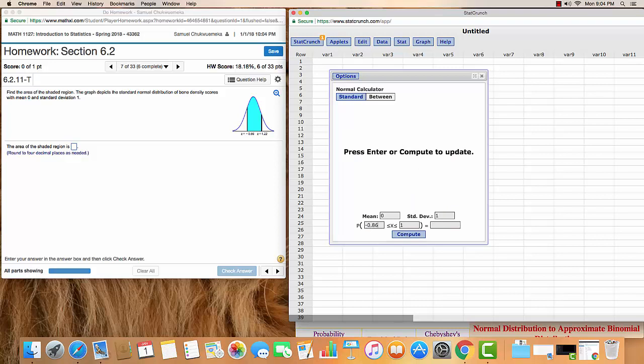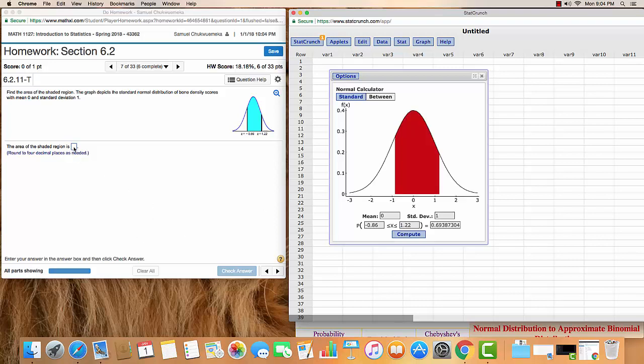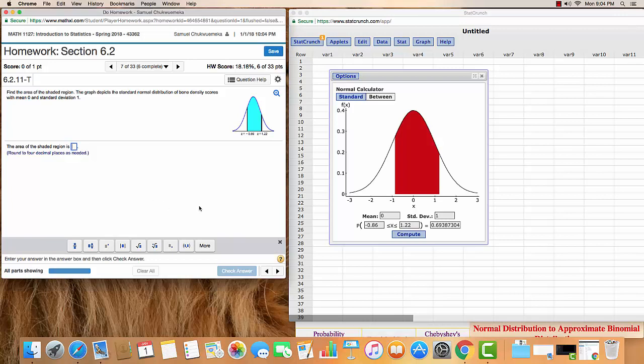The probability or the area between -0.86 and 1.22. Enter. So to 4 decimal places, this is 0.6939. Okay.